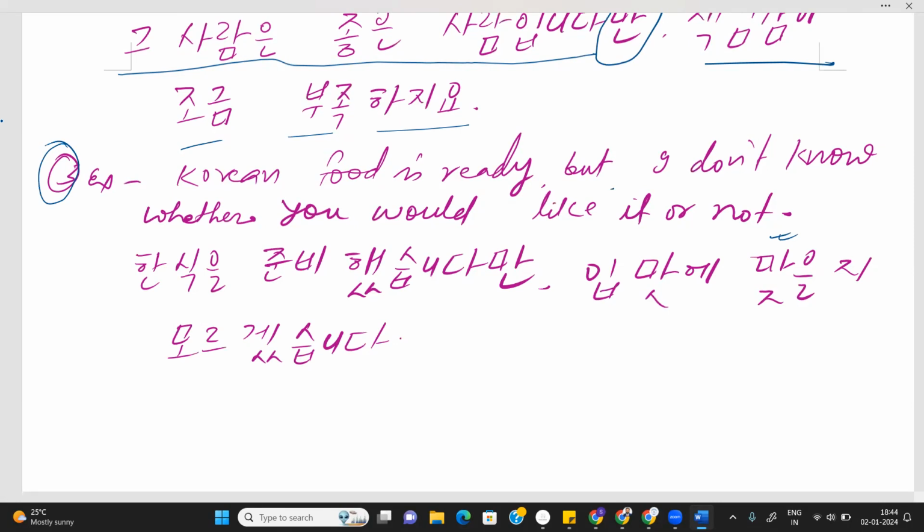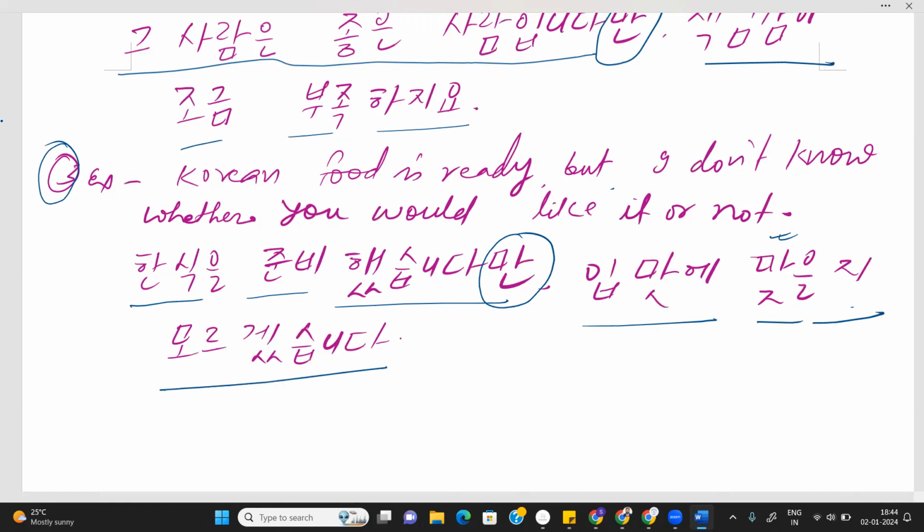Okay. Korean food is ready, but I don't know whether you would like it or not. So how will you say it? 한식을 준비했지만 or 했습니다만. 한식을 준비했습니다만, 입맛에 맞을지 모르겠습니다.